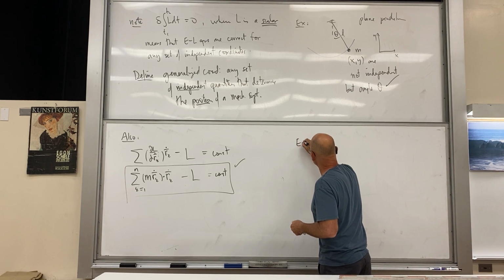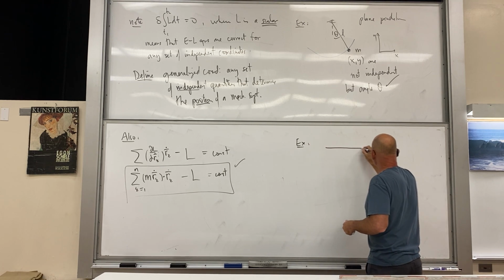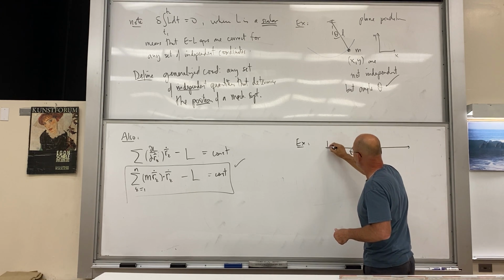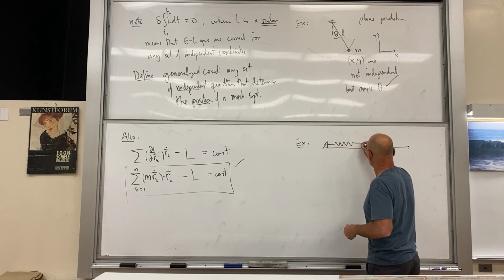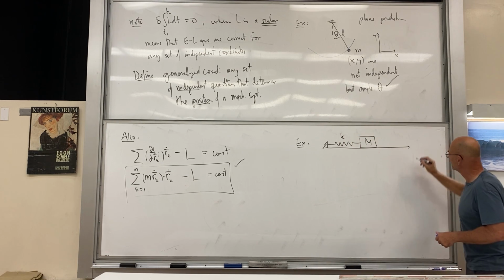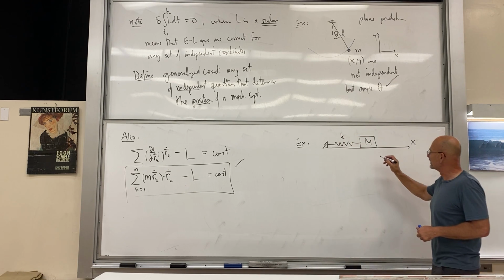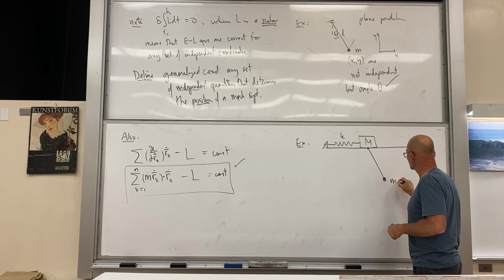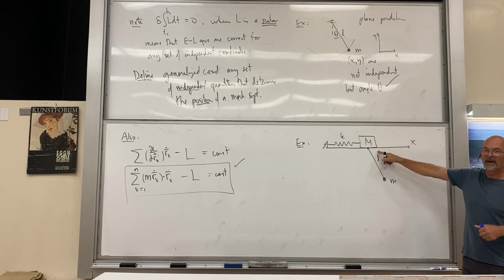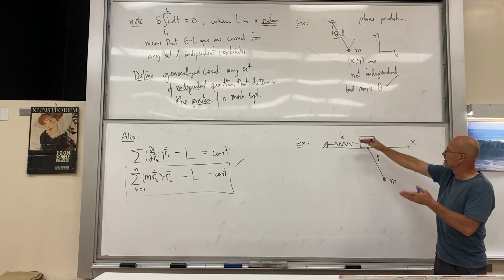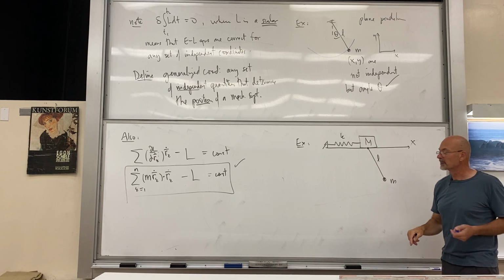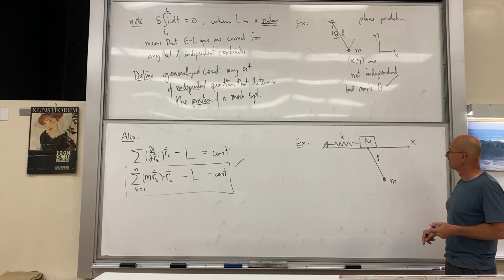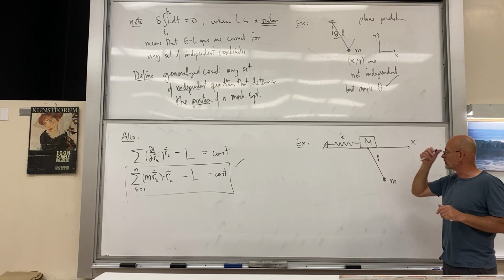So our second example is we have a frictionless track here, and we have a mass on a spring, capital M, spring constant k, x-axis, and we suspend a pendulum of mass lowercase m, length L, from this mass on the frictionless track. So this thing can move back and forth on x, and this thing can swing back and forth. And we'll generalize this as well, but this is a good one to work with.